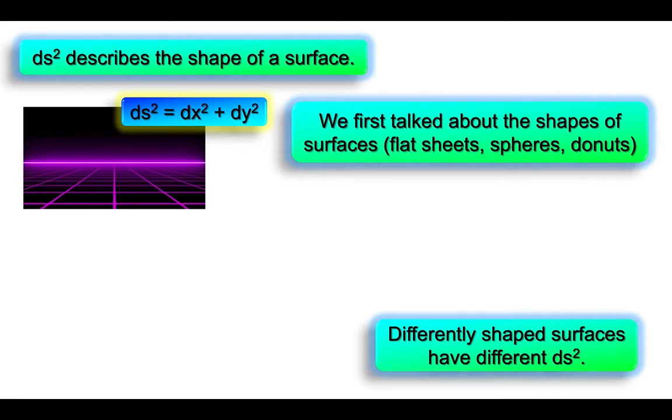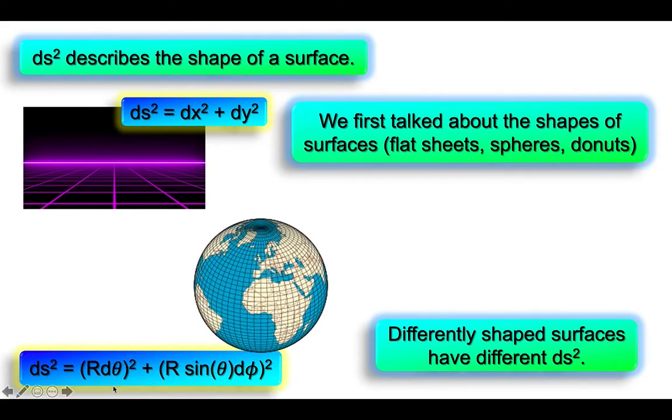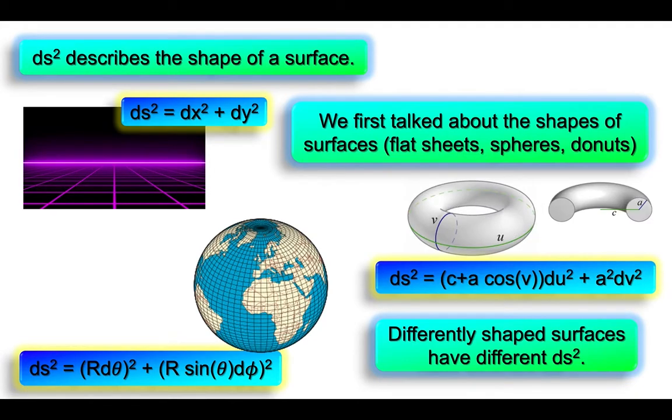Well, a sphere is a different shape than a big flat sheet, so a sphere will have a different equation to describe the shape of that sphere. And if instead I'm required to live on the surface of a donut, I have a different equation to describe the shape of the surface of a donut.